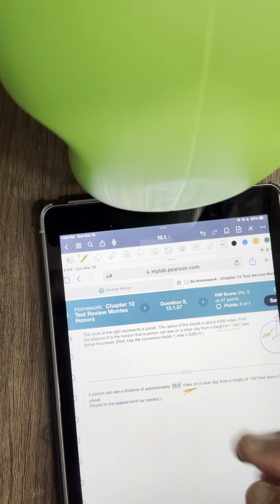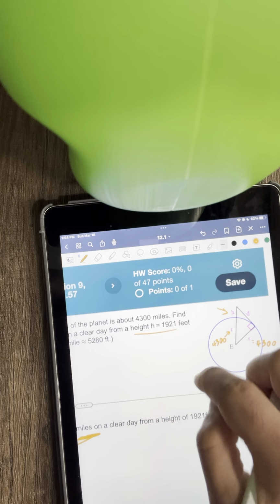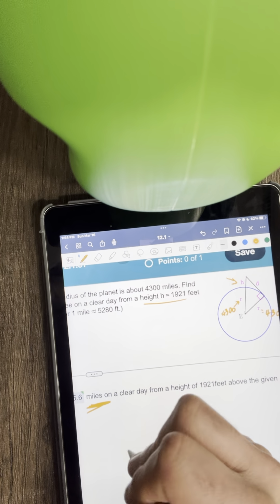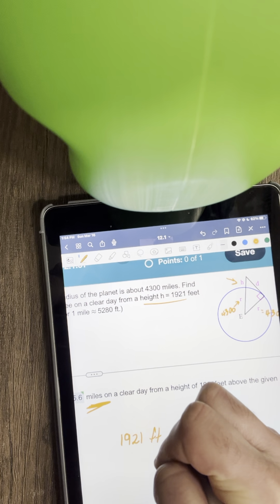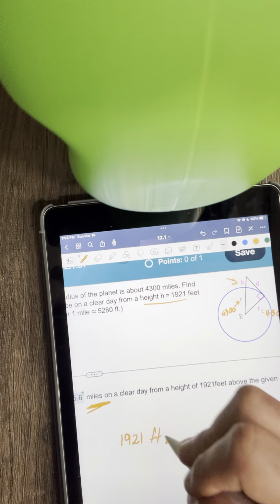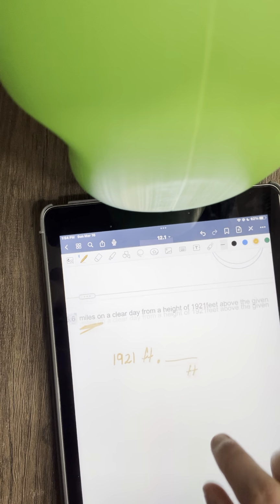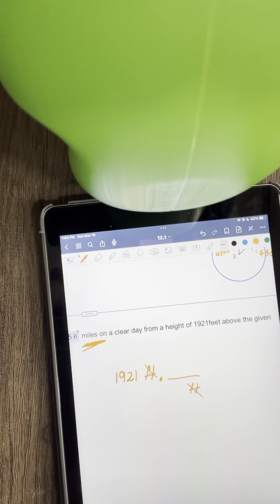Okay, so that means I'm going to have to convert this feet into miles, because my final answer is going to be in miles. So the way we do that is we write 1921 feet times, we have to have the unit feet under here, because when we have the unit of feet under there, this is going to divide with this to cancel out.